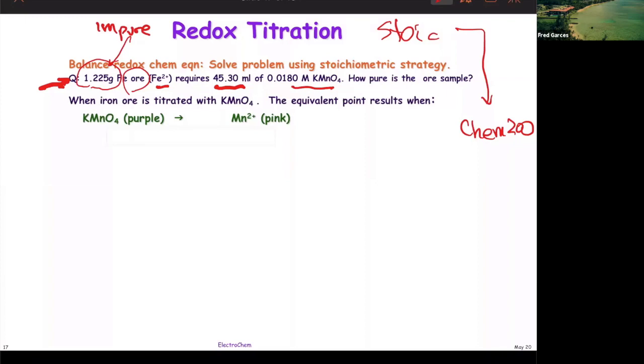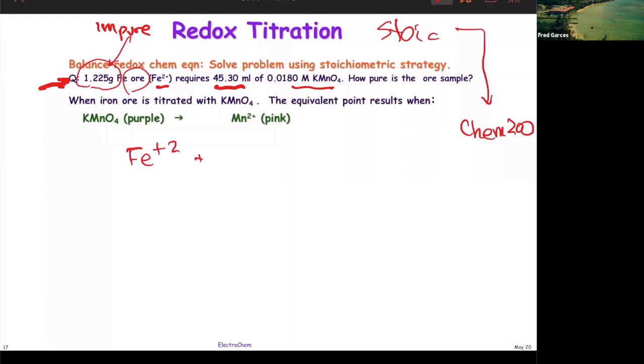So what you need to read in this question is the chemistry. And the chemistry is that the iron +2 is going to react with the permanganate. That's what it tells you right here. Iron ore, Fe+2, requires 45.3 milliliters of 0.0180 molar potassium permanganate. How pure is the iron ore?